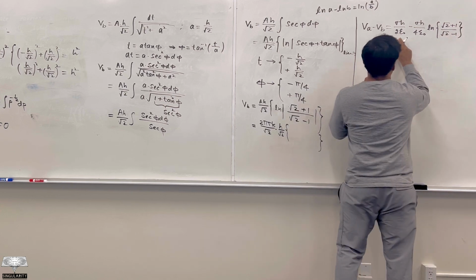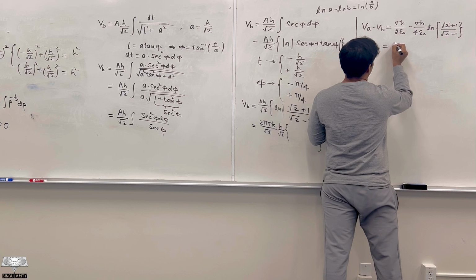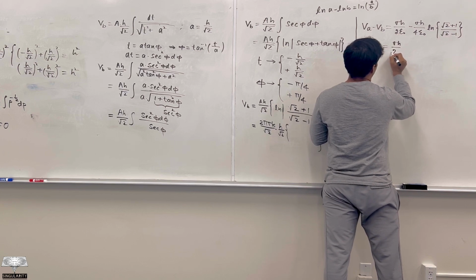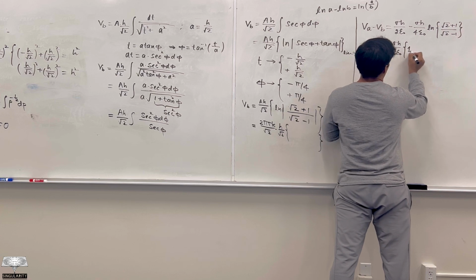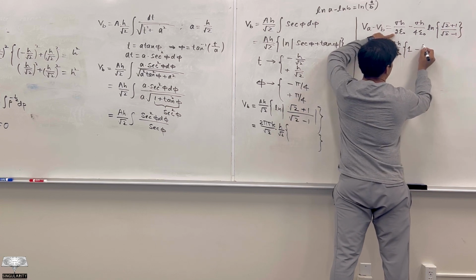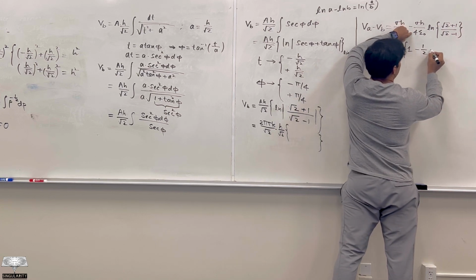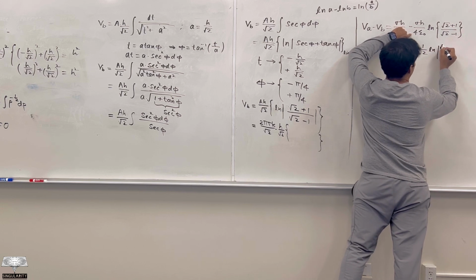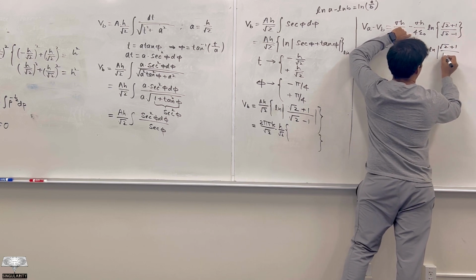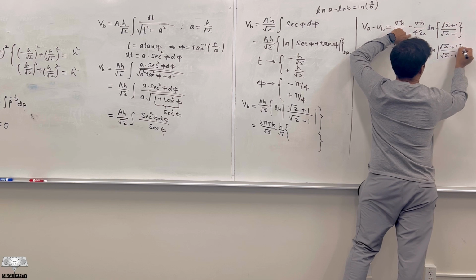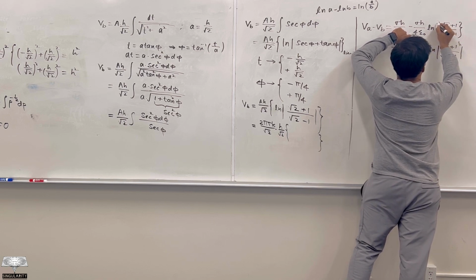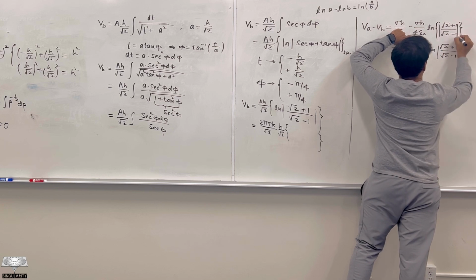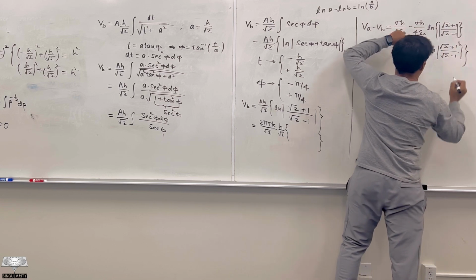Okay, so you can take this factor common. This becomes sigma h divided by 2 epsilon naught, and this becomes 1 from here minus 1 by 2 from here, and then natural log of square root 2 plus 1 divided by square root 2 minus 1 mod. This is the absolute value, and then we close the brackets.